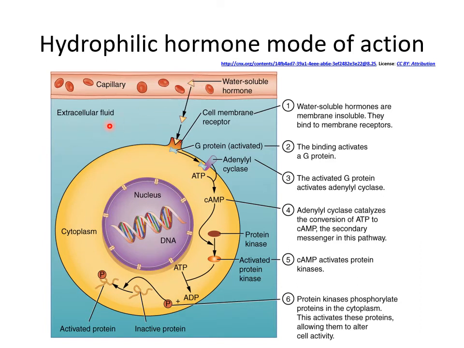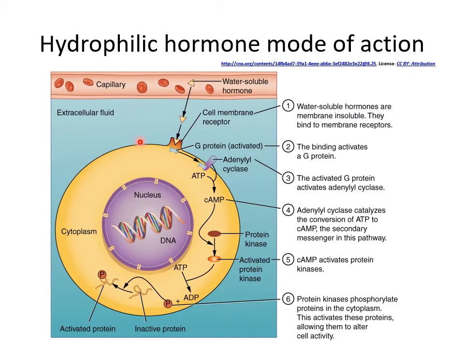Extracellular fluid is watery, so it can freely move about over here. But once it reaches the membrane surface, this is an impenetrable surface because it is lipophilic. It is made up of lots of phospholipids. Therefore, it cannot freely diffuse across the plasma membrane and move intracellularly. So this is the barrier, the limit of the movement of hydrophilic hormones.